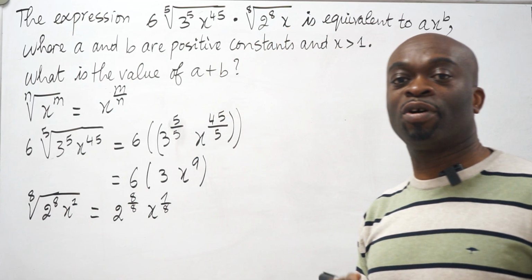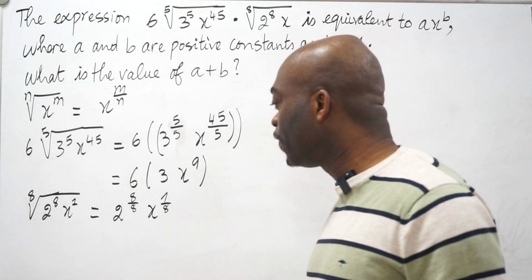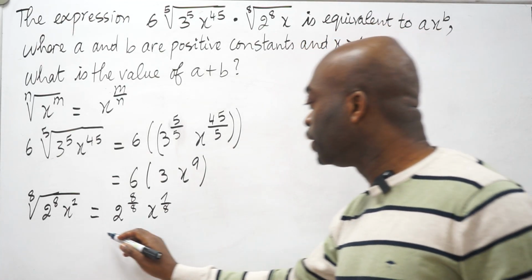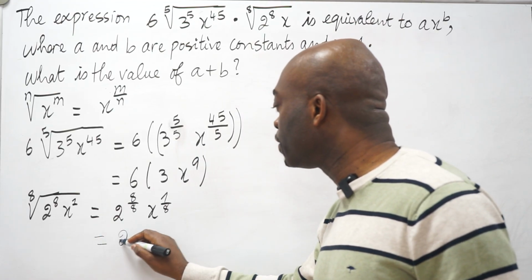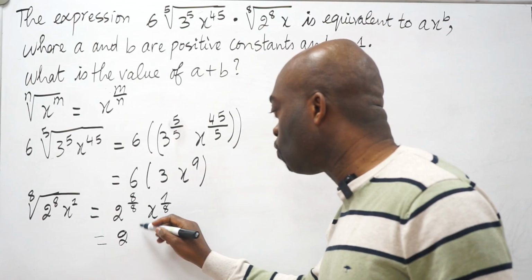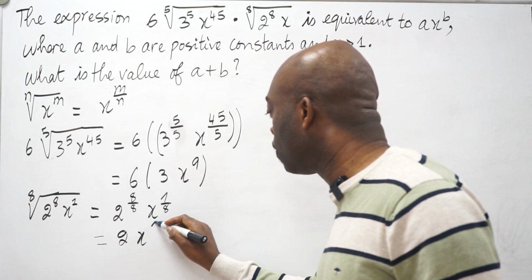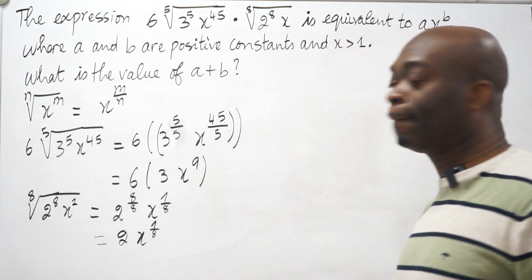Anytime you don't have a power there, there's always a 1 that you have to assume. So that's 1 over 8, okay? So this one will then give us 2, because 8 divided by 8 is 1, and then times x to the power 1 over 8, okay?